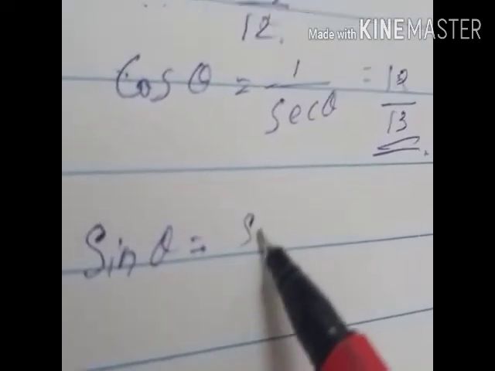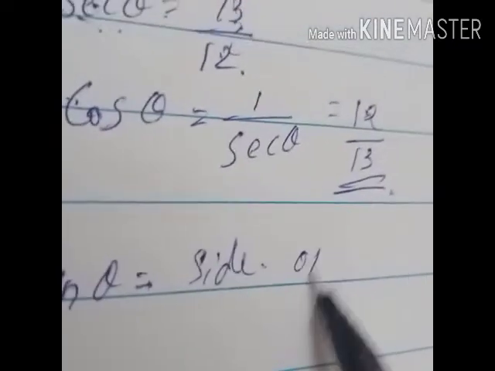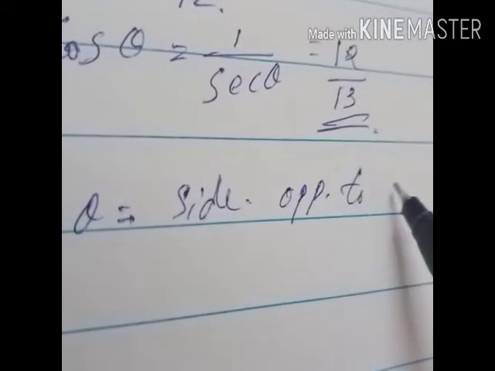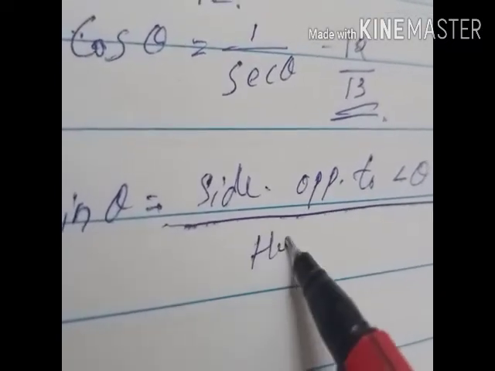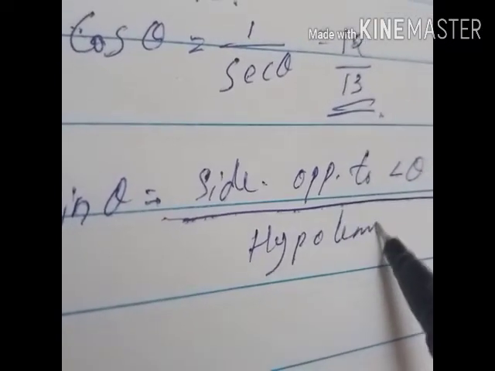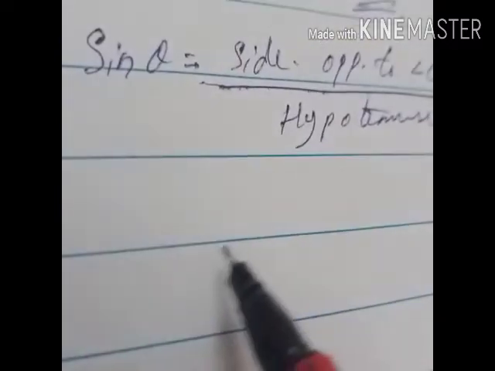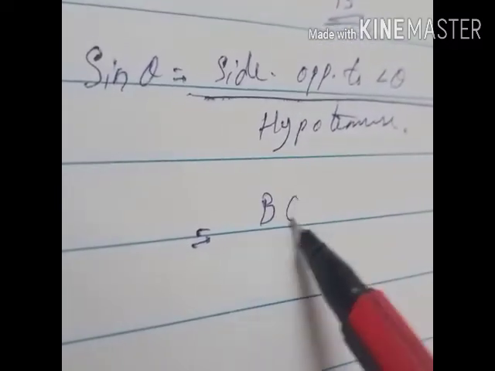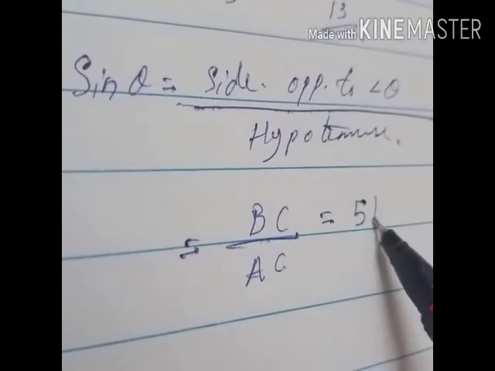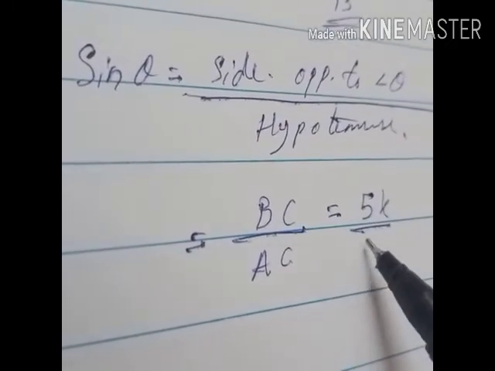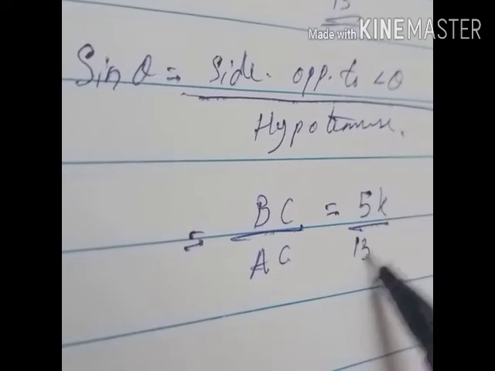So what is the equation of sin theta? Side opposite to angle theta by hypotenuse. From the figure we get it as BC by AC. BC we got as 5K, AC is given as 13K.